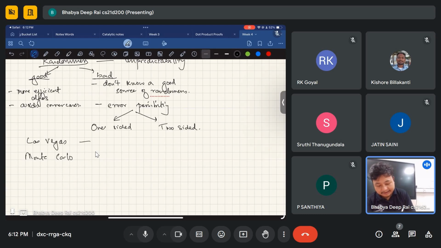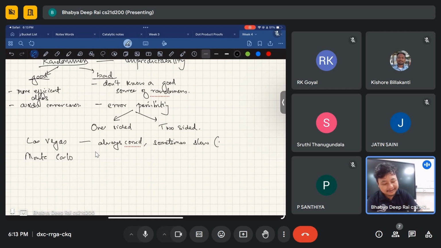Now, Las Vegas is always correct, and sometimes slow. What do I mean by sometimes slow? Well, across all instances of inputs, it may not take polynomial time. In some of them, it may take exponential time.